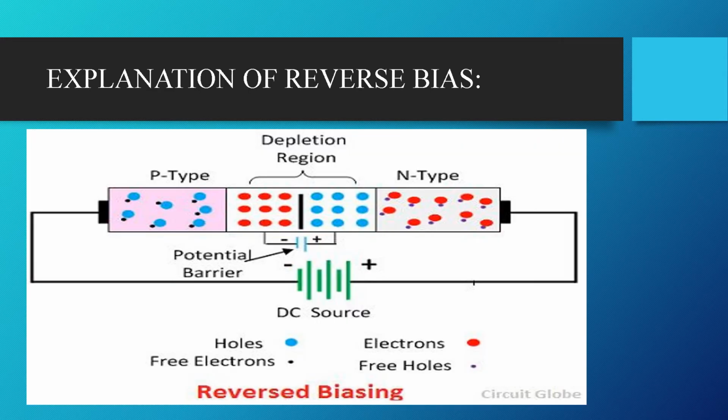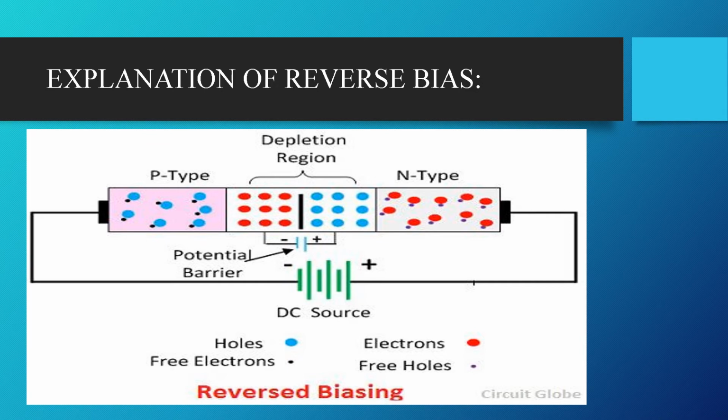As we can see in reverse bias, the negative terminal of the source is connected to the p-type and the positive terminal of the voltage source is connected to the n-type.